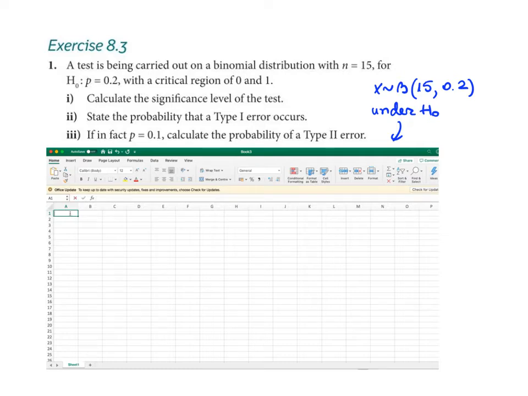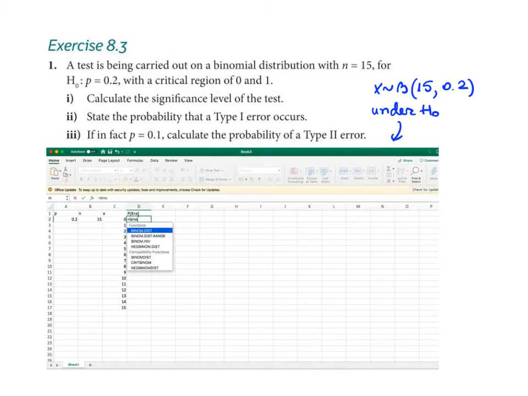I put in my Excel spreadsheet p, which is 0.2, and a value for n, so that later I can change them. n is 15, and all possible values of x are from 0 to 15. You can see how I use the Excel spreadsheet as well. And Excel can calculate the probabilities directly for me.